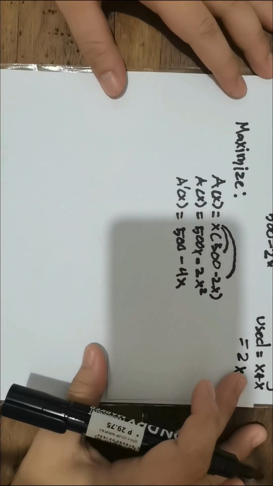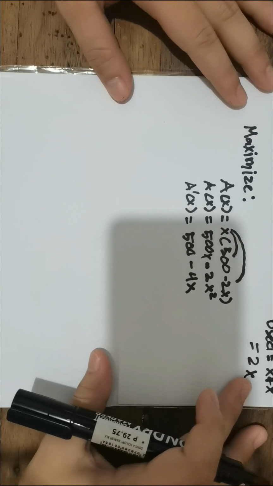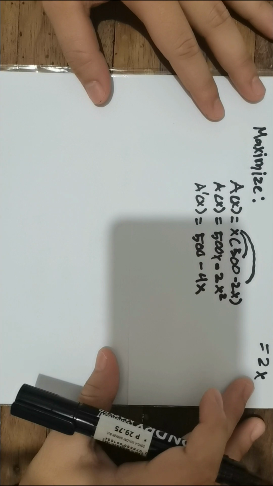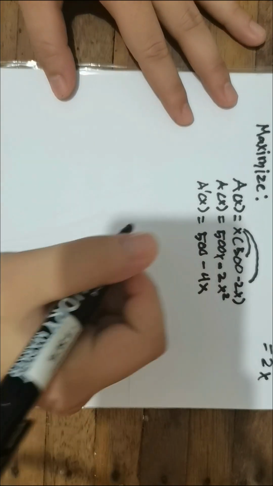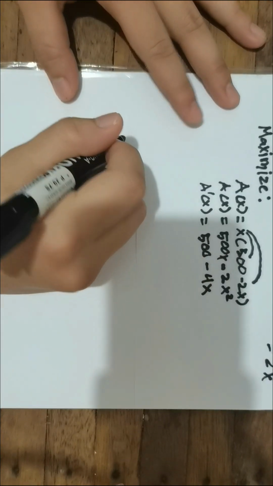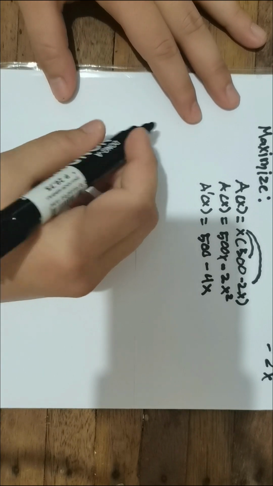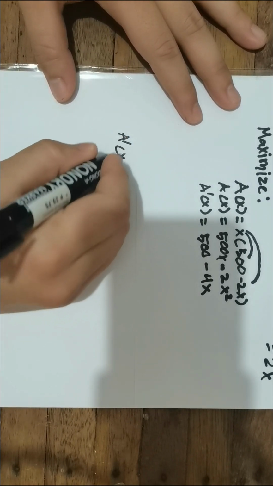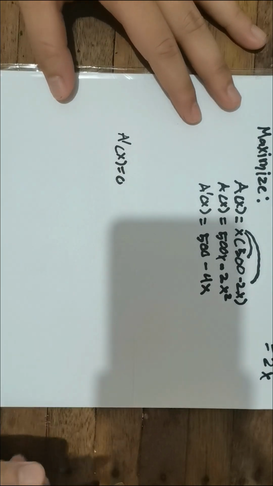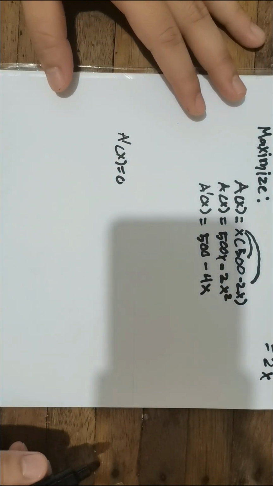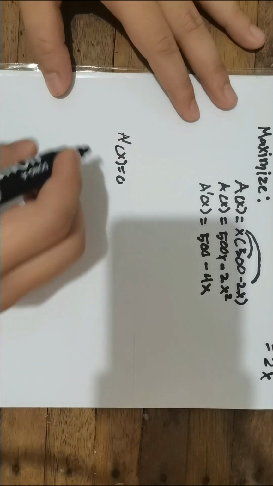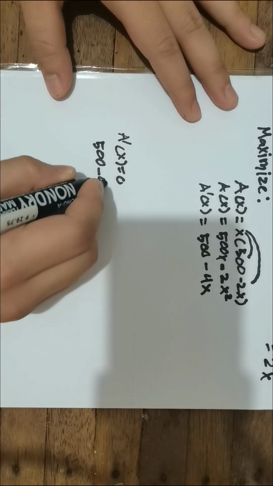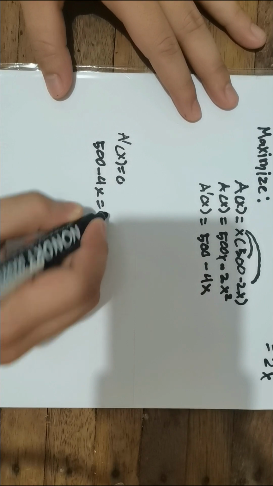Knowing that the derivative is defined, now we're going to set it to 0. So let's put here the derivative of A of x equals 0. Now let's put 500 minus 4x equals 0.